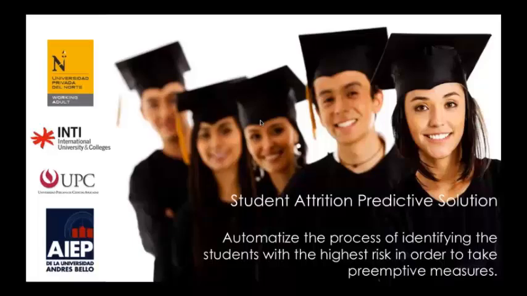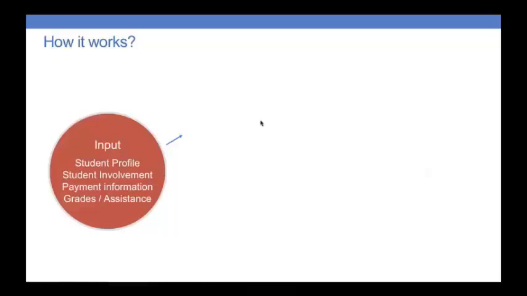So how does it work on a very high level? We receive an input, let's call it the student DNA, the student profile: their high school, how far they live from the university. Every university has its own set of data. Even though our set of solutions is pre-packaged and pre-ready, the solution adapts to every university, because every university has its own set, depending on whether it is undergrad or specific programs.